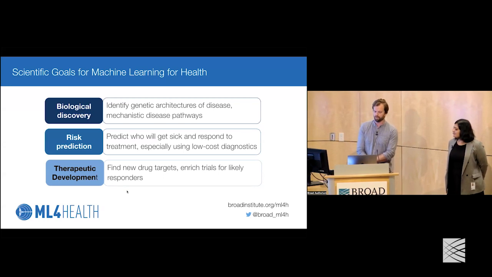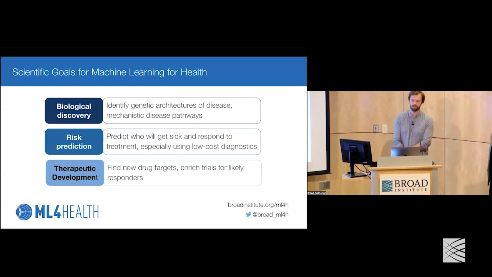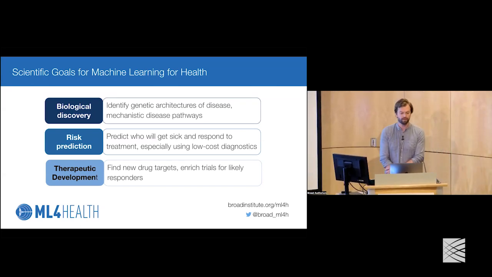So just as an overview of our scientific goals as a group, we're very much interested in biological discovery, finding new mechanistic disease pathways, and investigating the genetic architectures that underlie disease. We'd like to find ways to predict disease risk more effectively, which patients will get sick, which treatments are appropriate for which patients.